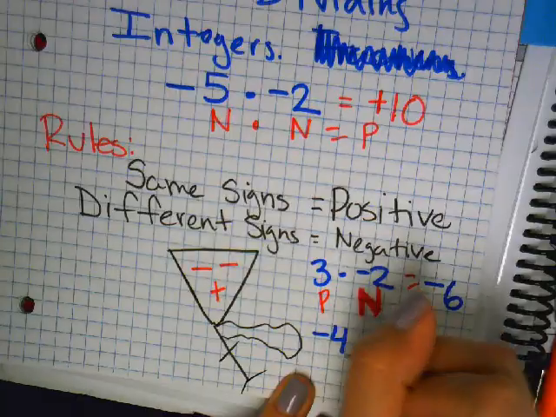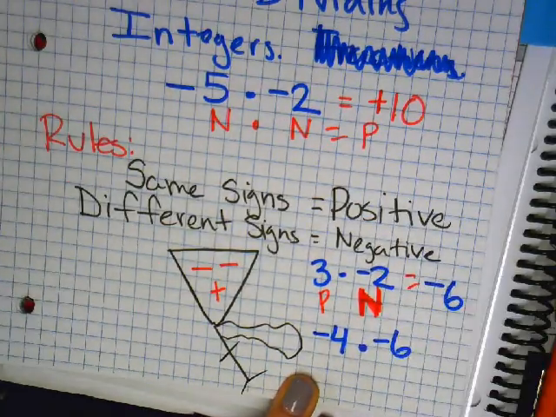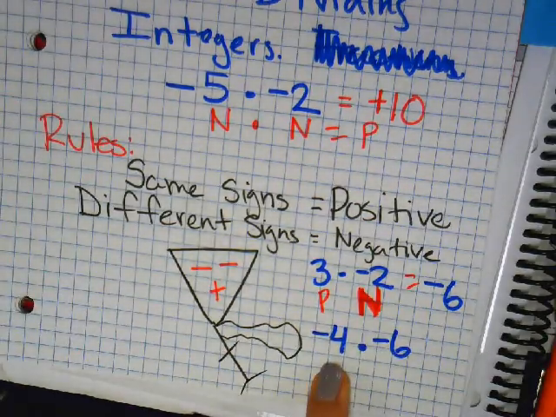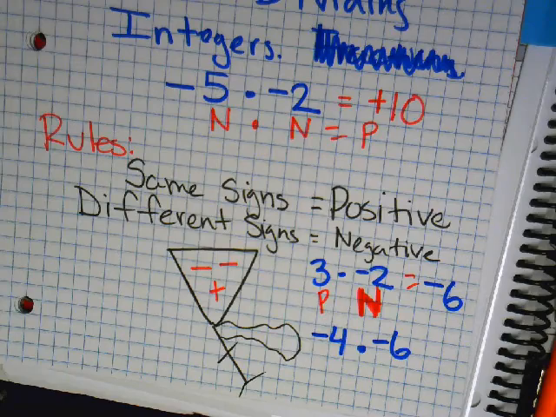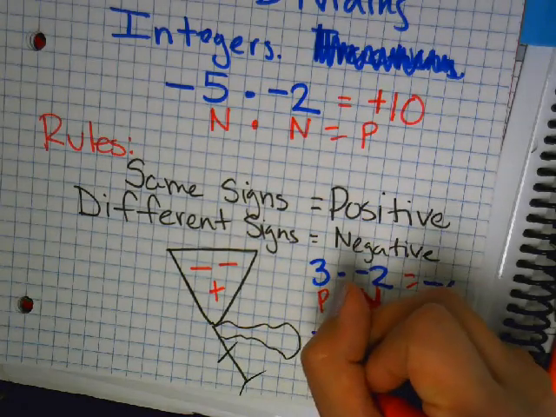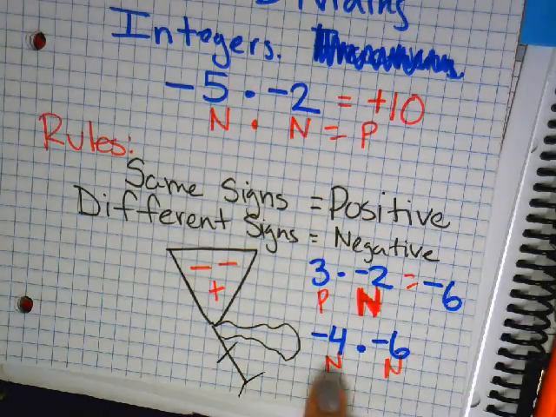Negative 4 times negative 6. What kind of number is the first number? Negative. What kind of number is the second number? Negative. Here's a negative, negative, right?